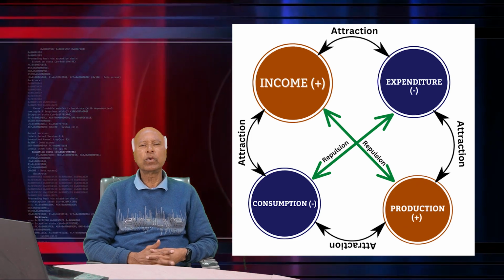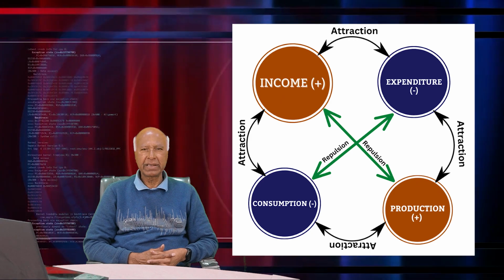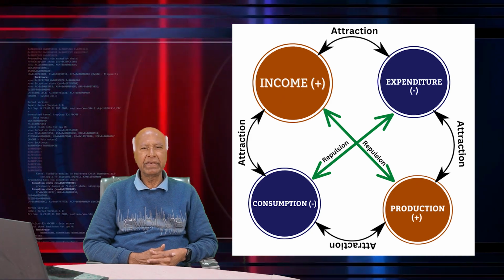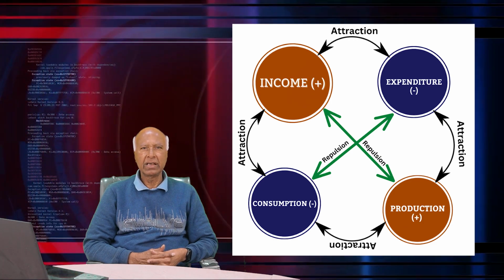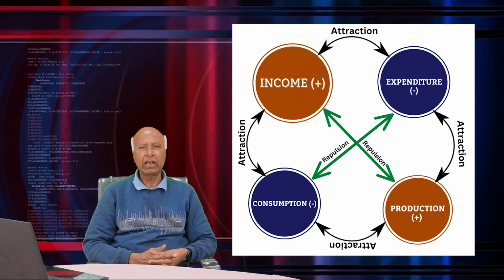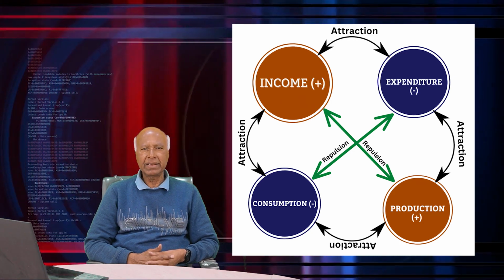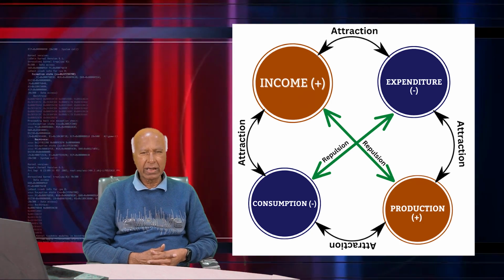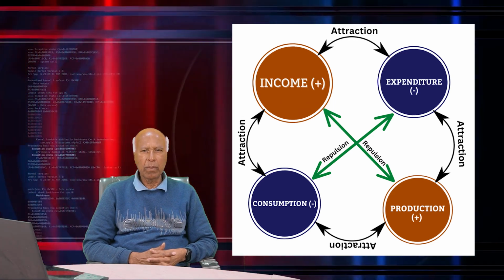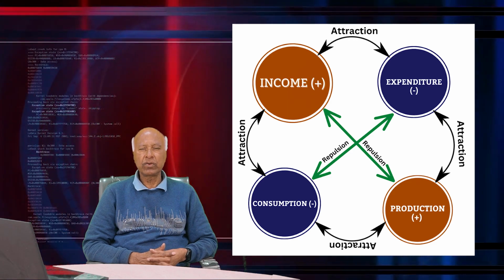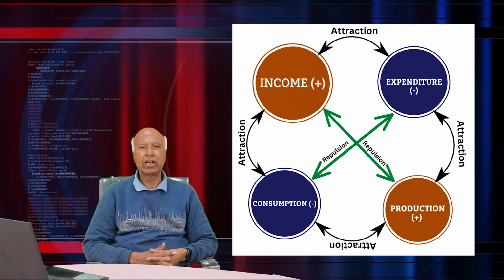So these four axes represent the interaction between two physical forces and two monetary forces in a perfect equilibrium. When we talk about equilibrium, it is just to compare, but in actual life there cannot exist a perfect equilibrium.